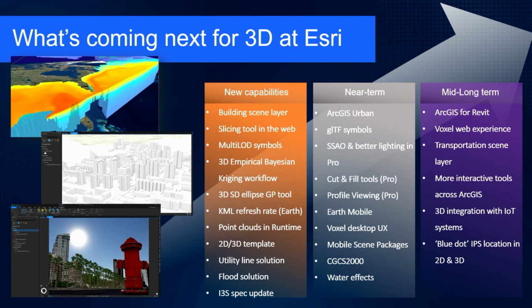Okay, one, two, three, a couple, four people. So 3D EBK is an interpolation method that lets you take a bunch of scattered points in 3D space and interpolate what the value of the space between them should be. We released a workflow to make this happen. You can get up to about 300 million points, and I think it goes up to about 1 billion points.